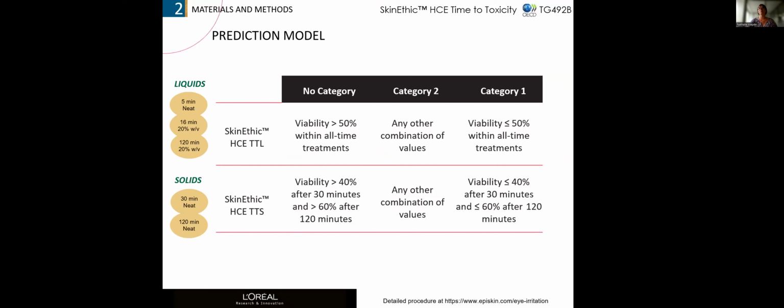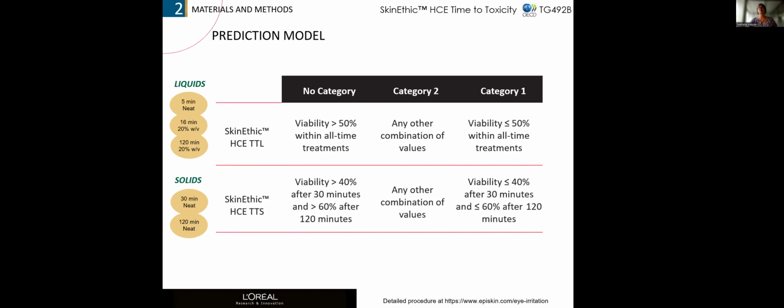For example, for the liquids, if the cell viability at all exposure times, 5, 16, and 120 minutes, was above 50%, then the chemicals were classified as no category. To be classified as category 1, the cell viability was below or equal to 50% at all those times. Any other combination of values led to a classification as category 2.